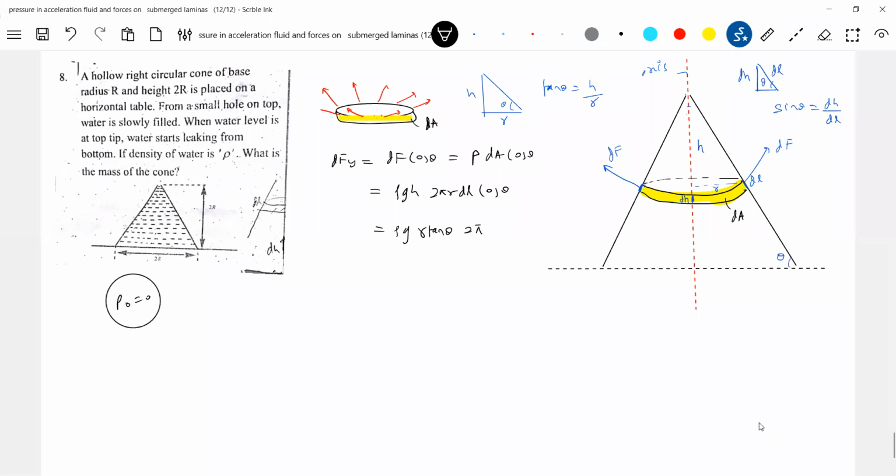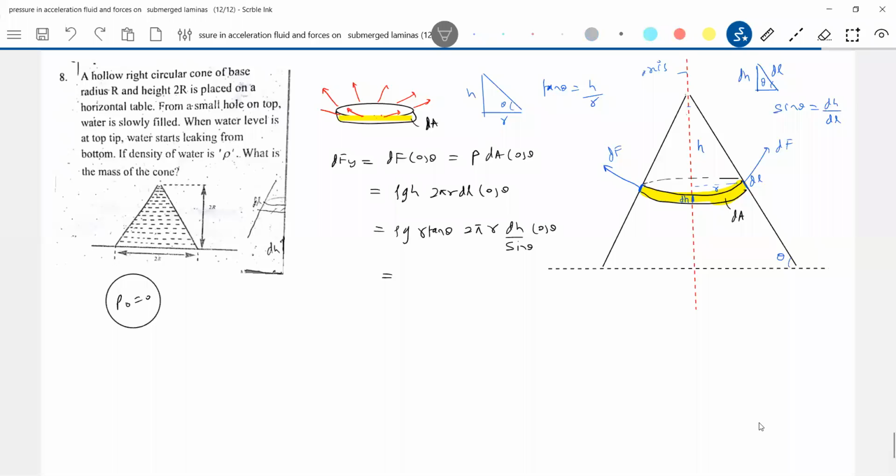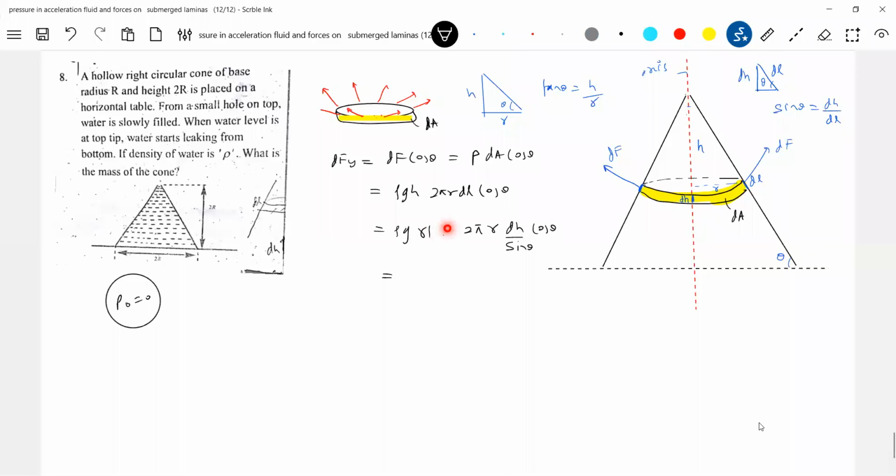Two pi, this is r. dl is what? dl is dh by sine theta, and this is cos theta. H equal to r by tan theta.